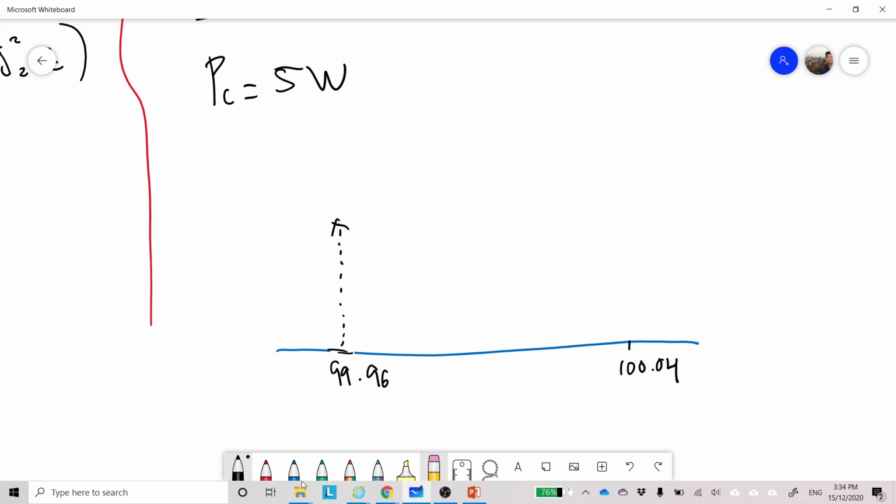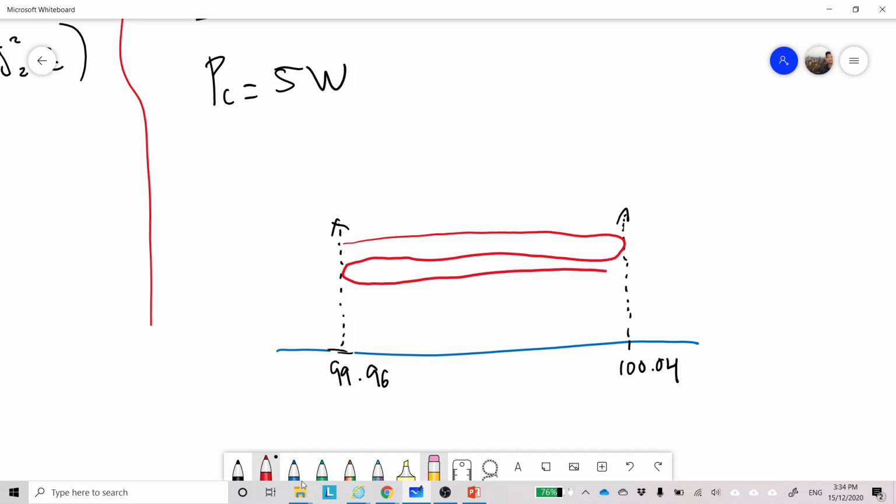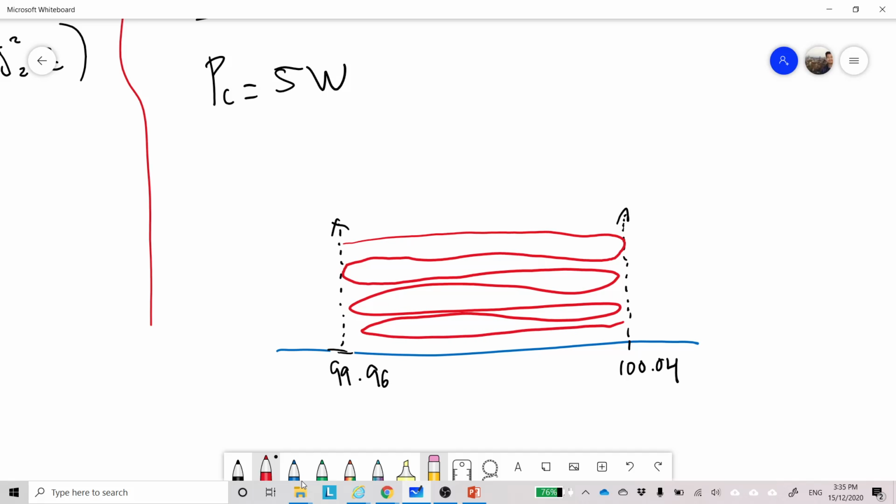Okay, ni kalau saya draw garis titik-titik, the wave fluctuates from 99.96 to 100.04 back to 99.96 again. So the rate of fluctuation is 10,000 times per second.